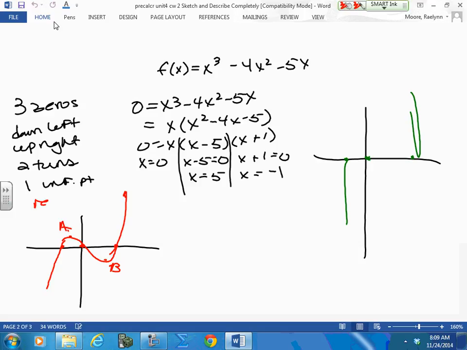Relative max. How about this one? Relative min. I want to see you call them the right things. To 3 decimal places, your relative max was at negative 0.523. And you know it has to be greater than negative 1 because that's where your 0 is. 1.378 this is.